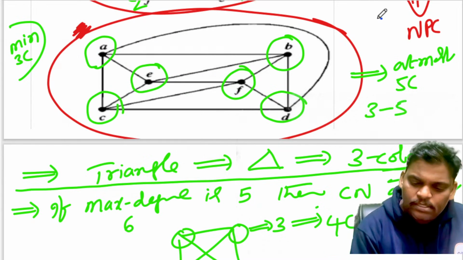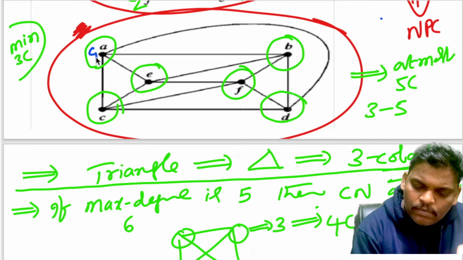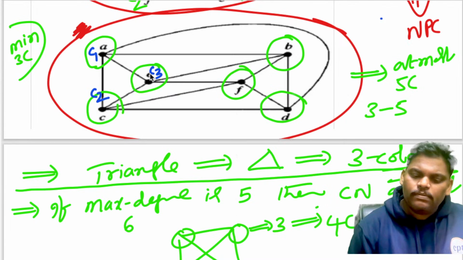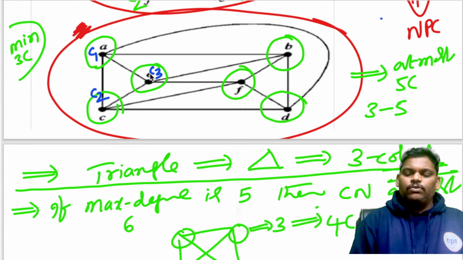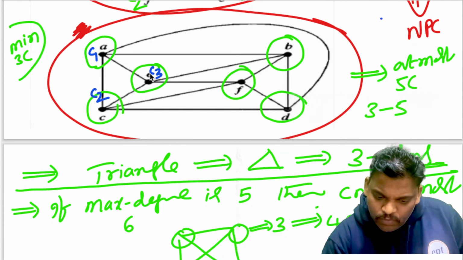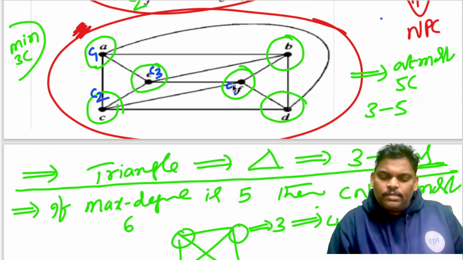Now I am giving the answer. See this one. It is C1. It is C2. It is C3. C1, C2, C3. Three colors confirmed. Next one. C2, C3 already there, so it is C1.